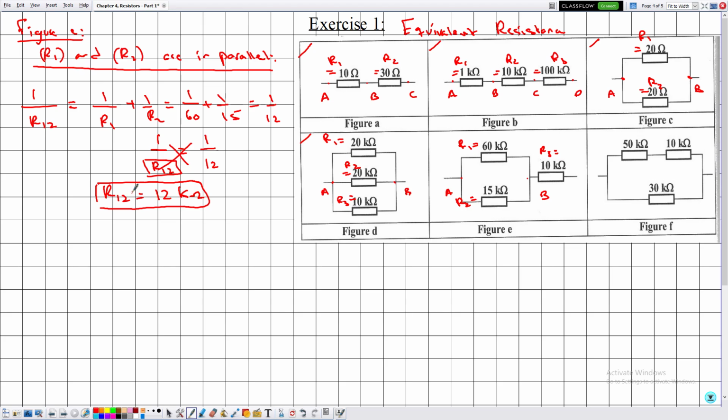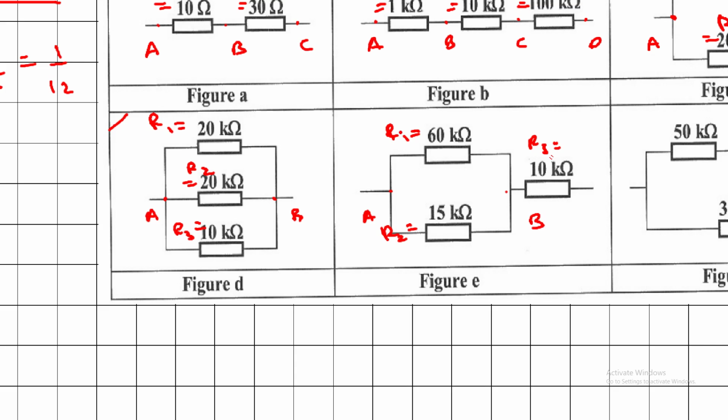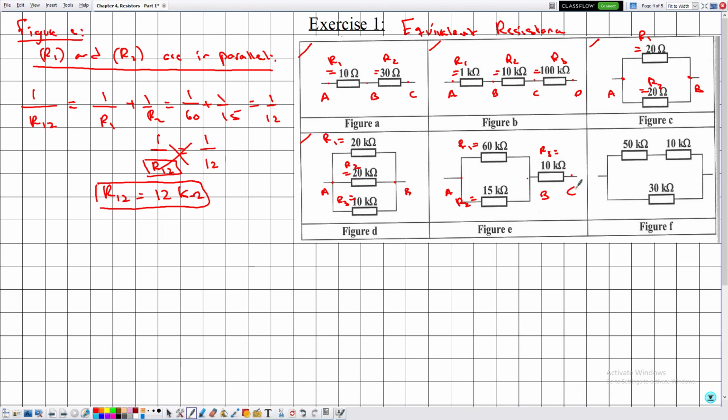Now let's replace R12 in this grouping, so it will replace only the resistors R1 and R2. Therefore the points A, B and C will remain present. So this is the point A, this is the point B, and this is the point C. This is R12 equal to 12 kilo ohms, and this is R3 which is equal to 10 kilo ohms.